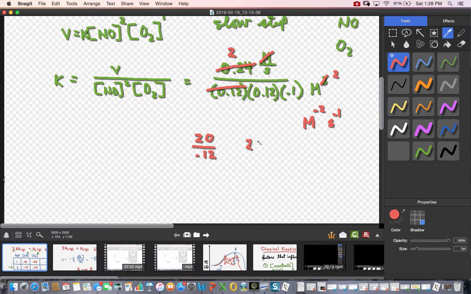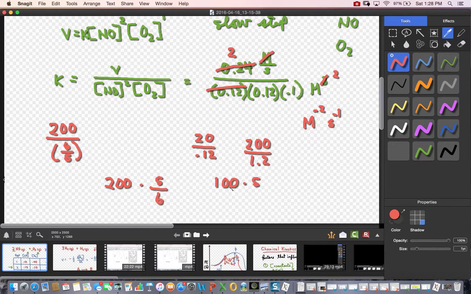This is 200 divided by 1.2, which is 200 divided by 6 over 5, which is the same as 200 times 5 divided by 6, which is 100 times 5 divided by 3. That's 500 divided by 3. That is 167. And now I have my value for K.